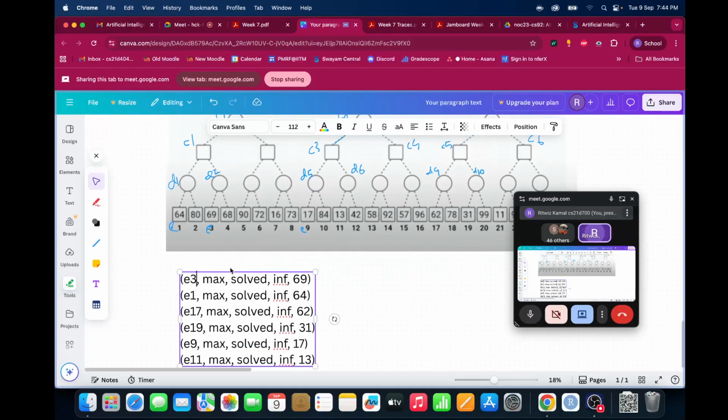What we will do is add the immediate sibling of E3 to the priority queue as well. Yes, E4 is the immediate sibling of E3. So we will add E4. E3 will be removed.